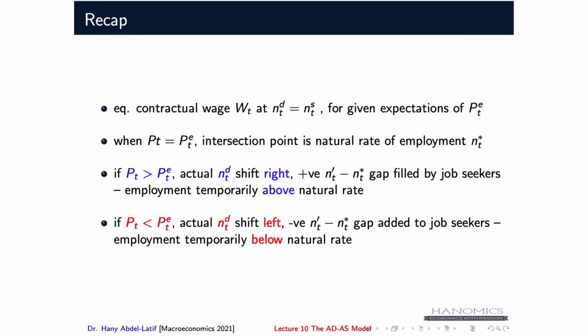The other case: if the actual prices were lower than the expected price, the labor demand curve will shift to the left, and we have a negative employment gap, meaning more people will be looking for jobs. So the actual employment will be below the natural rate of employment.